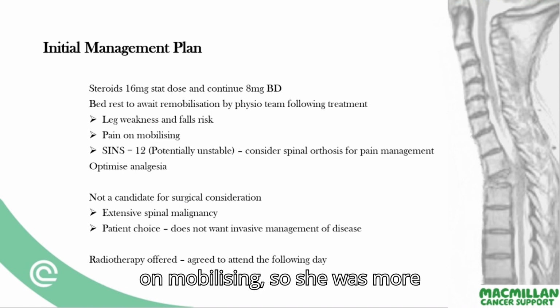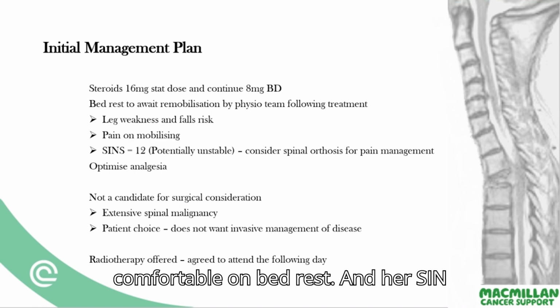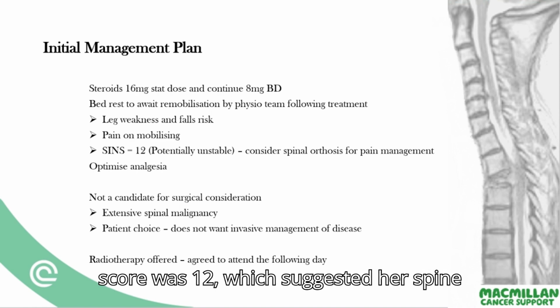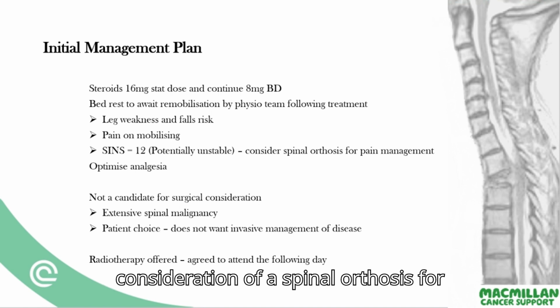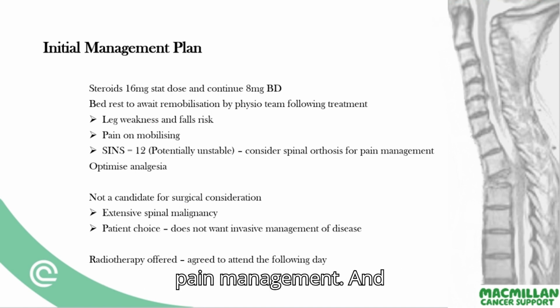She had pain on mobilising, so she was more comfortable on bed rest, and her SINS score was 12, which suggested her spine was potentially unstable and may need consideration of a spinal orthosis for pain management, and analgesia needed to be optimised.